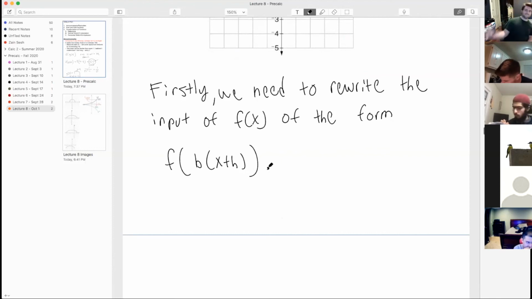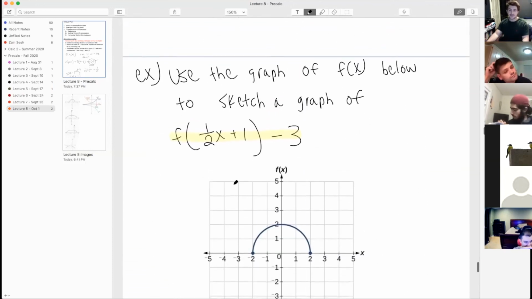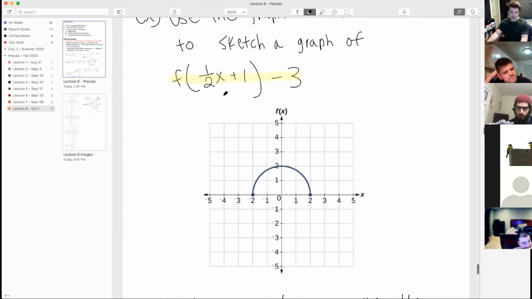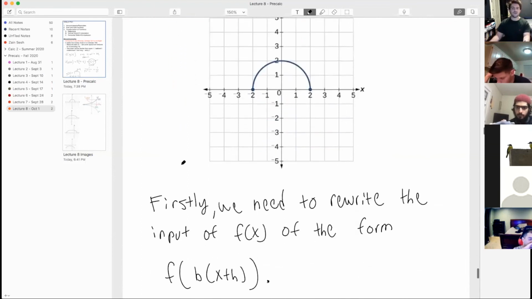Okay? We need to write it as something b multiplied by x plus h. If we look at the way our function was given to us, it's not of that form. It's 1/2 x plus 1. There's no b value factored out, and then you have x plus a number. All right, so that's the first step.